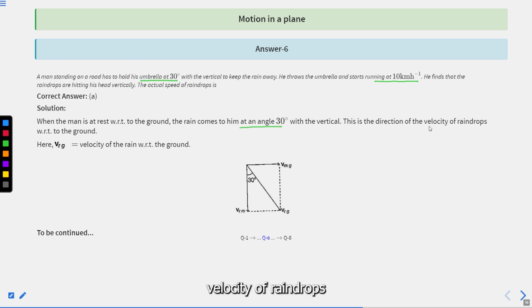The direction of the velocity of raindrops with respect to ground is this, VRG. Clear? VRG, the velocity of the rain with respect to ground.